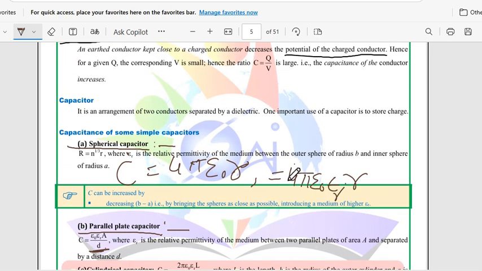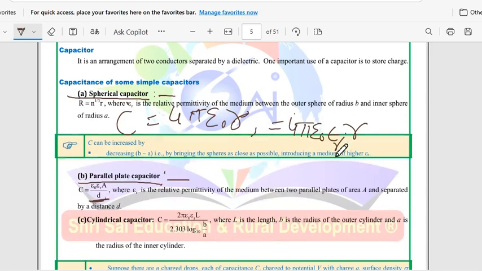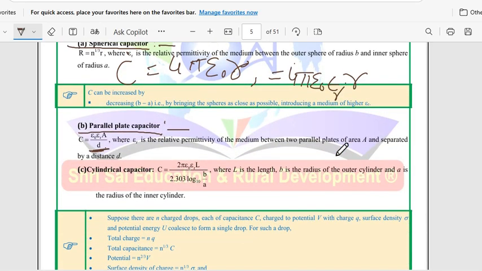So if you consider the capacitance of some simple capacitors, the spherical capacitor and parallel plate capacitor, and you substitute in a cylindrical capacitor, what will happen?